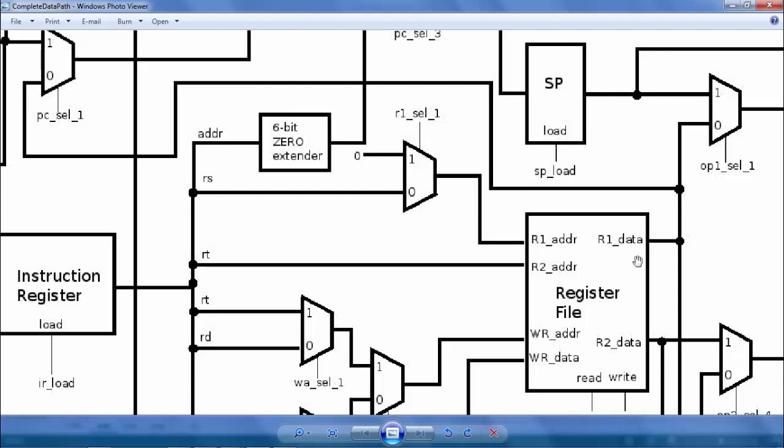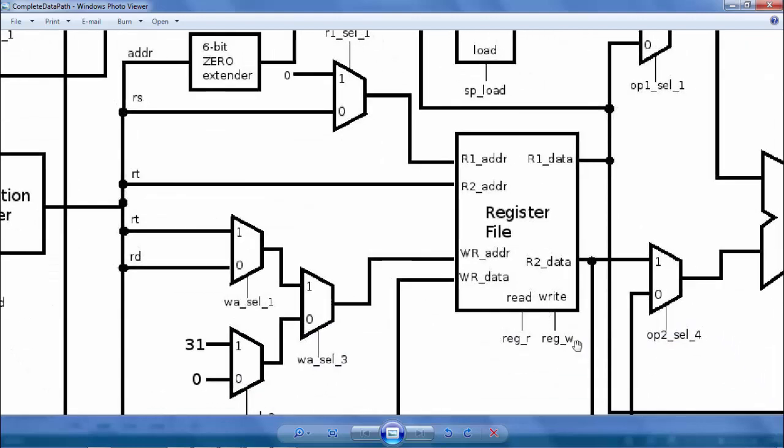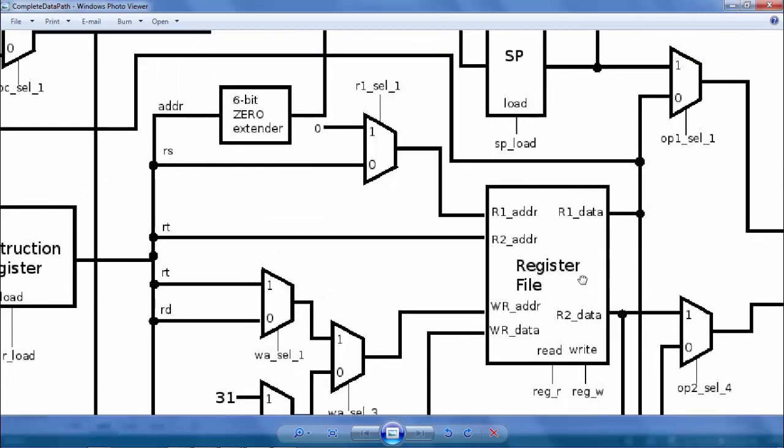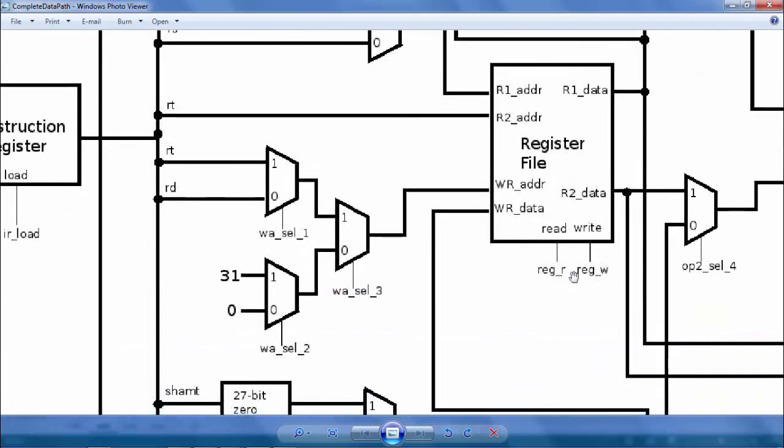So we are grouping it with this register R and register W, and this is read. Another related grouping would be these two with this WA selection. These are the write address selection.